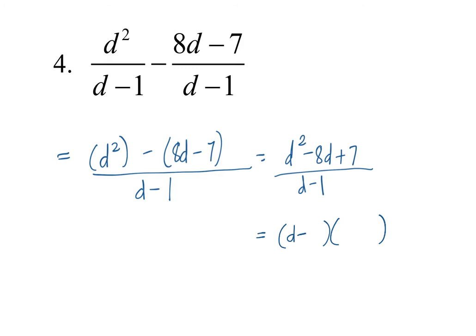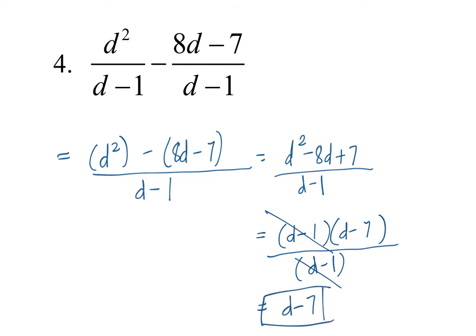So d minus 1 and d minus 7, they multiply to give me positive 7. They add to give me negative 8. It always makes me feel good when I'm factoring and something ends up canceling out. It makes me feel like I factored correctly. D minus 7.